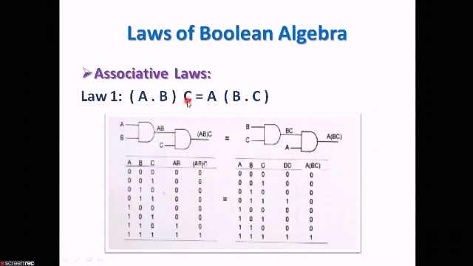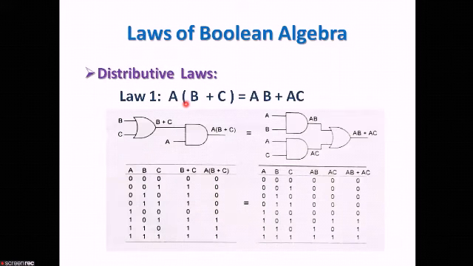Now for example, suppose I am saying A ANDed with B, C and D will be equal to A and B and C ANDed with D equal to A and B ANDed with C and D. So all of these are same, and this is the extension of the associative law, which is the second law of the associative law.